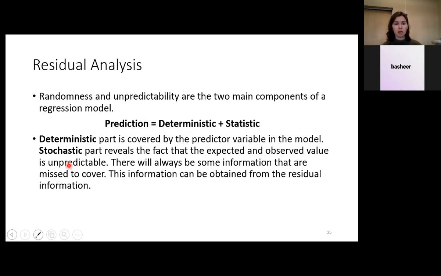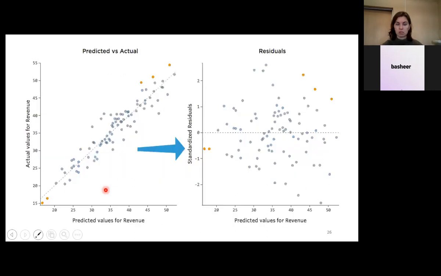The stochastic part reveals the fact that the expected and observed value is unpredictable, and there will always be some information missed, and this information can be obtained from the residual information. What is it? Residuals are the difference between predicted values and actual values. So we just calculate this difference.